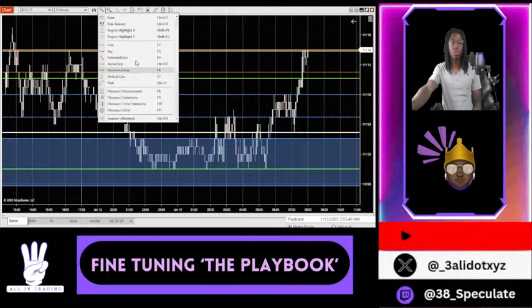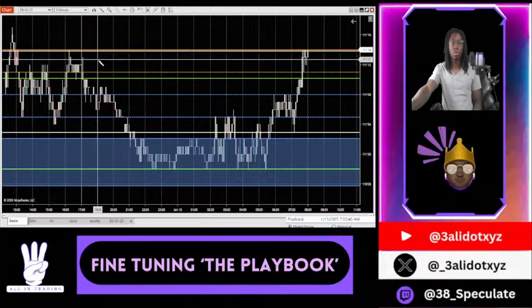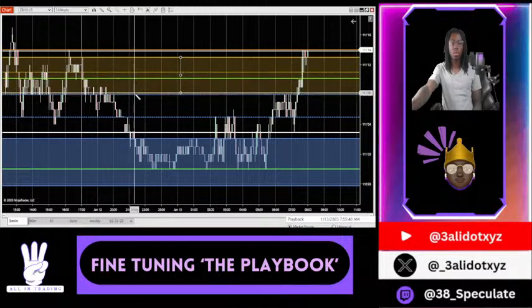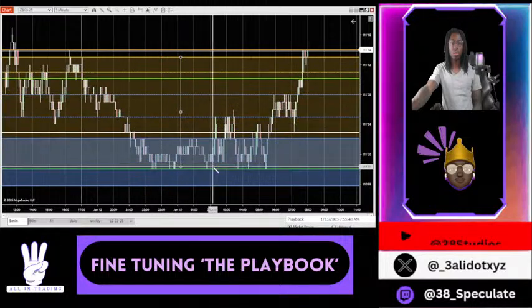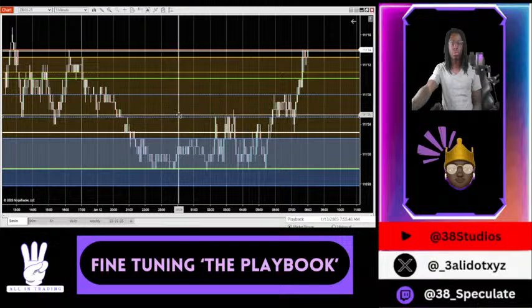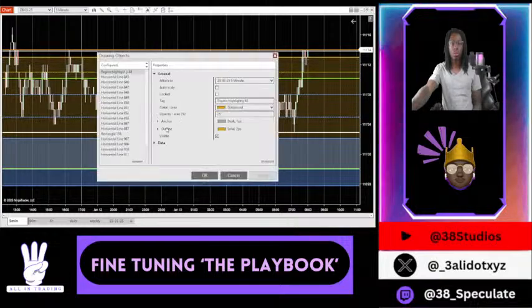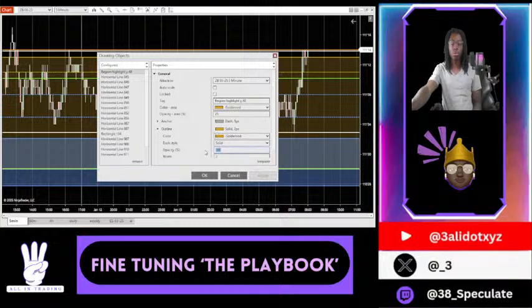Now I'm about to draw a region from the high of this Asia session to the low, which came down to about 2 o'clock. I'm gonna get rid of this outline so there ain't no confusion.